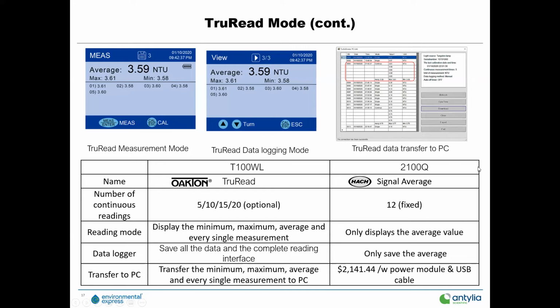The Hach 2100Q takes 12 readings, averages them, and displays that average value. With our instrument, you're able to pick 5, 10, 15, or 20 readings to be averaged or have the raw reading. The reading mode is minimum, maximum, average, and every single measurement is recorded.